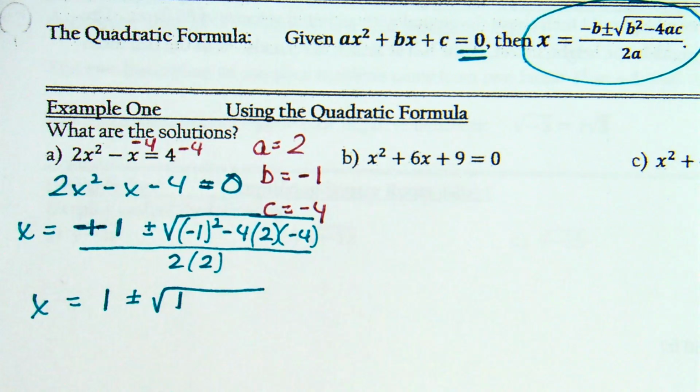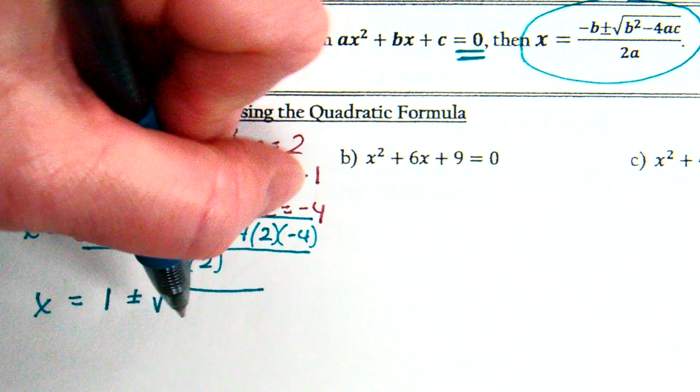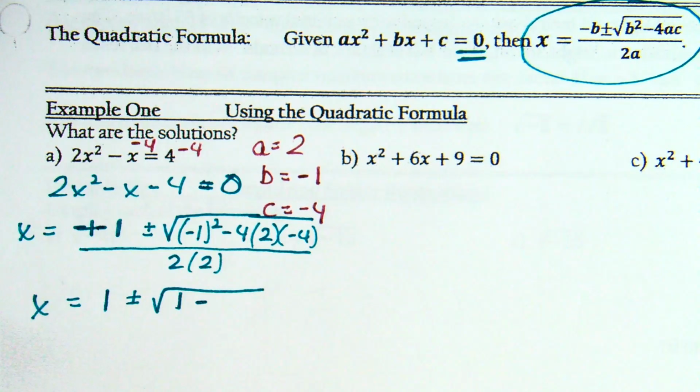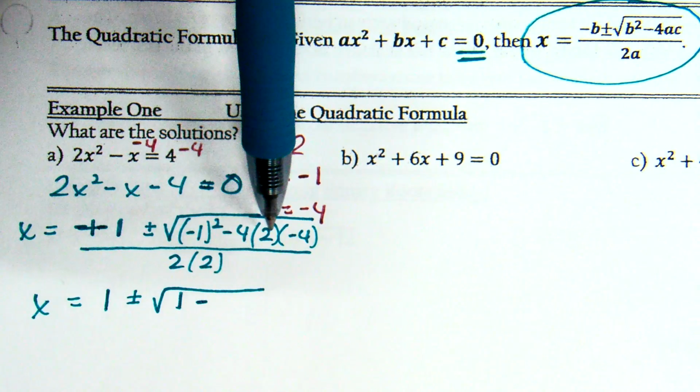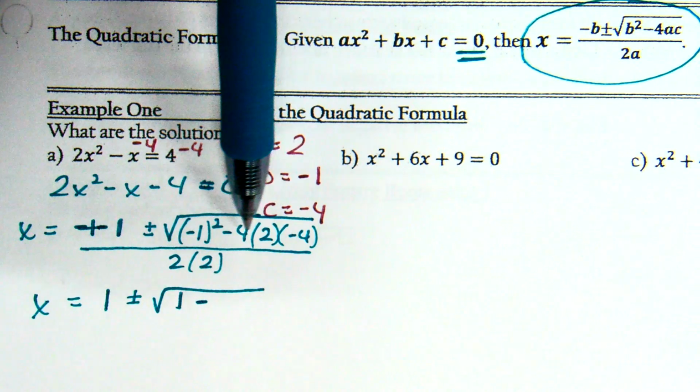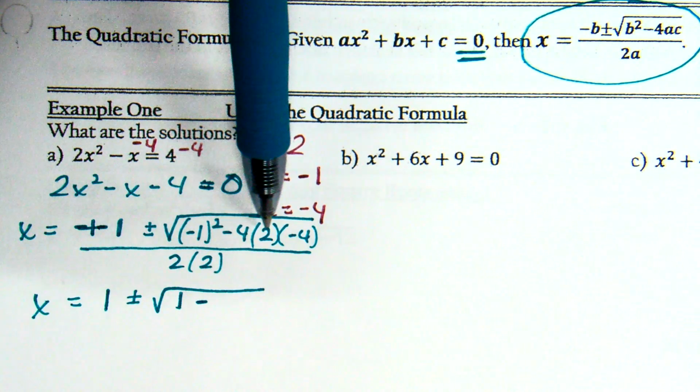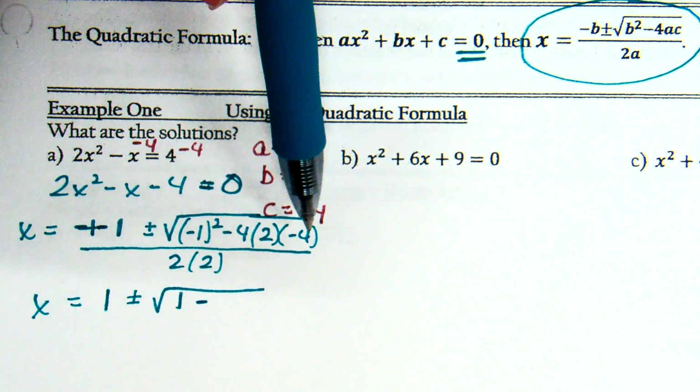Okay, and then it's minus 4ac. So, multiply that in any order you want. 4 times 2 times 4. So 4 times 2 is 8, and 8 times 4 is 32.